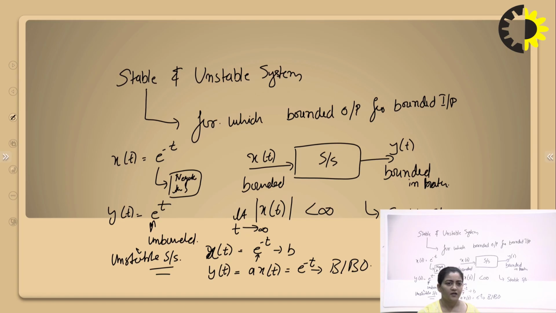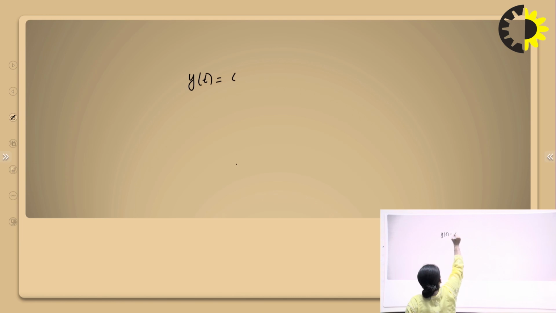Moving to the next part, let us go for another example of time invariant and variant systems. Suppose y(t) is equal to cos of x(t).